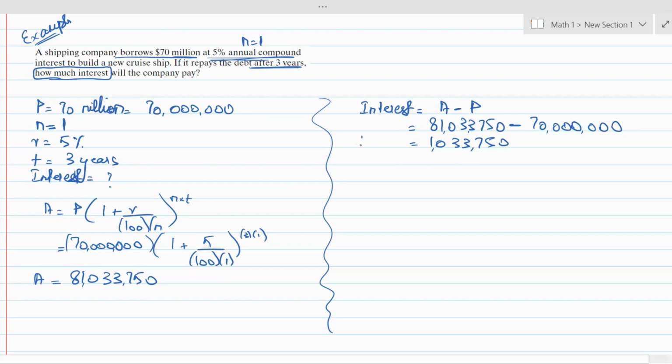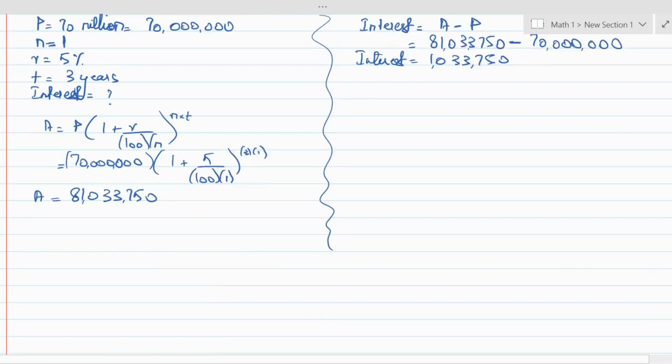So this is the interest earned or interest charged. In this case, it is interest charged by the company. Okay, let's move on.